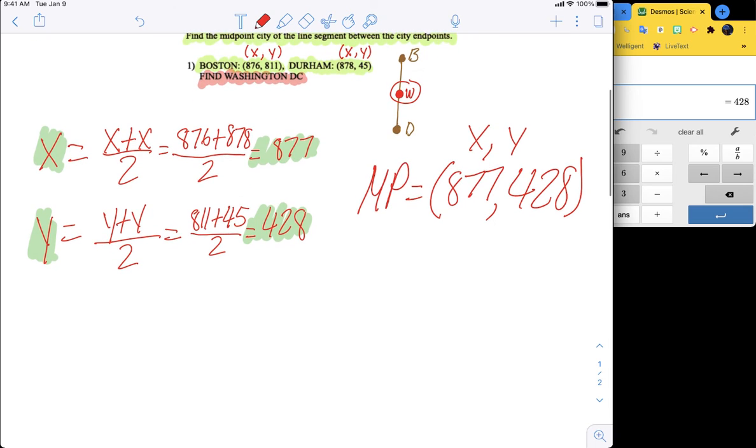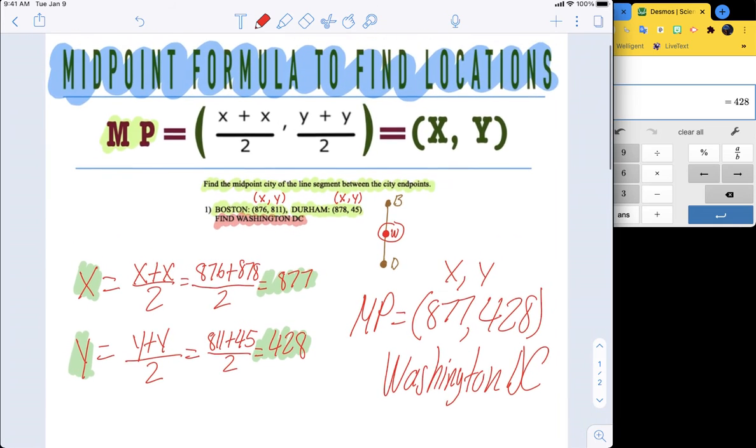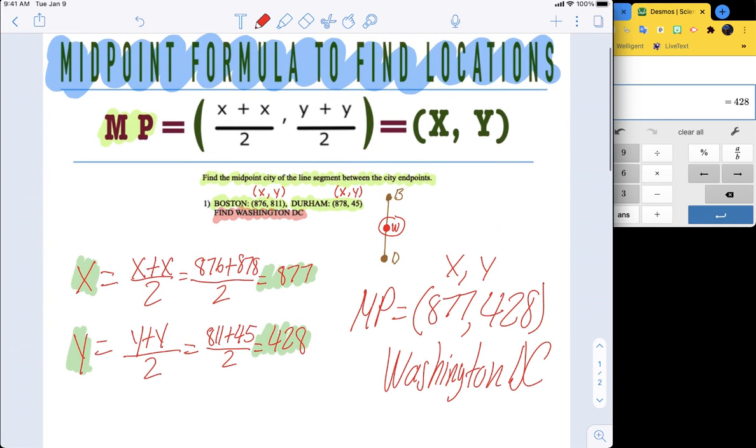And this is where Washington, D.C. is. Here we go, look at that. We found the location, the coordinates for Washington, D.C. This is how it's used in the real world. This is how we use this midpoint formula to find locations, to find cities. In this case, we found a city.